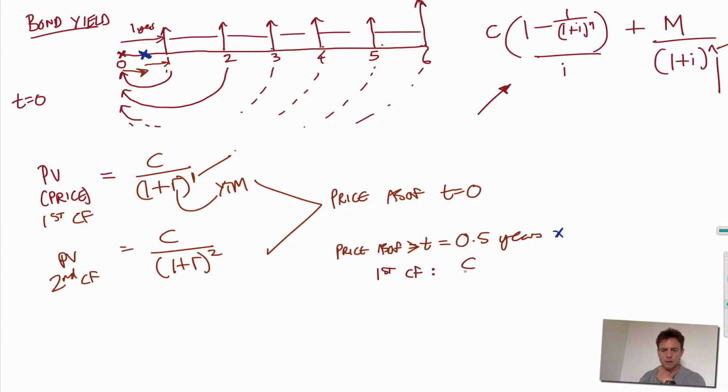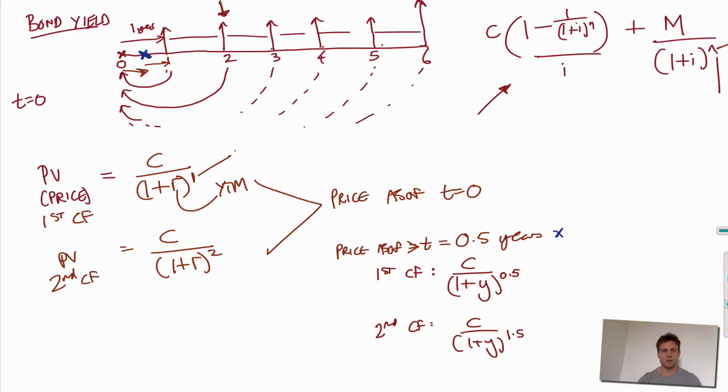It's C divided by 1 plus, instead of R, I'm going to write Y, like Y for yield, so 1 plus Y to the power 0.5. And then the PV of the second cash flow, which is this one here, is C divided by 1 plus Y to the power 1.5.